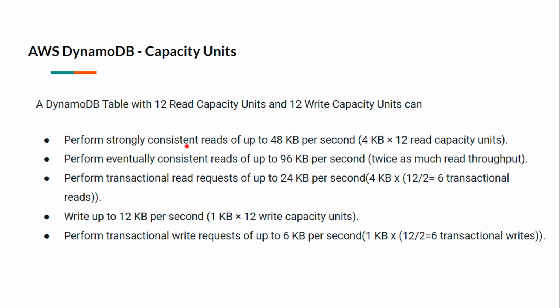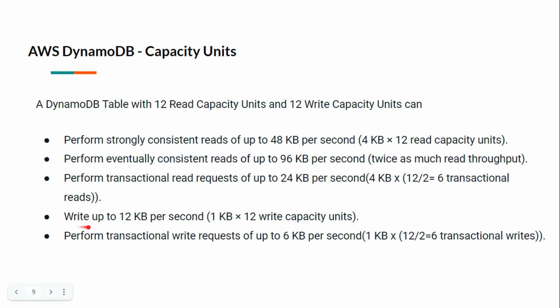For eventually consistent reads, we can read up to 96 kilobytes per second because we can have 8 kilobytes of data per read capacity unit. And for transactional read requests, we can read up to 24 kilobytes per second because we have half the read capacity.